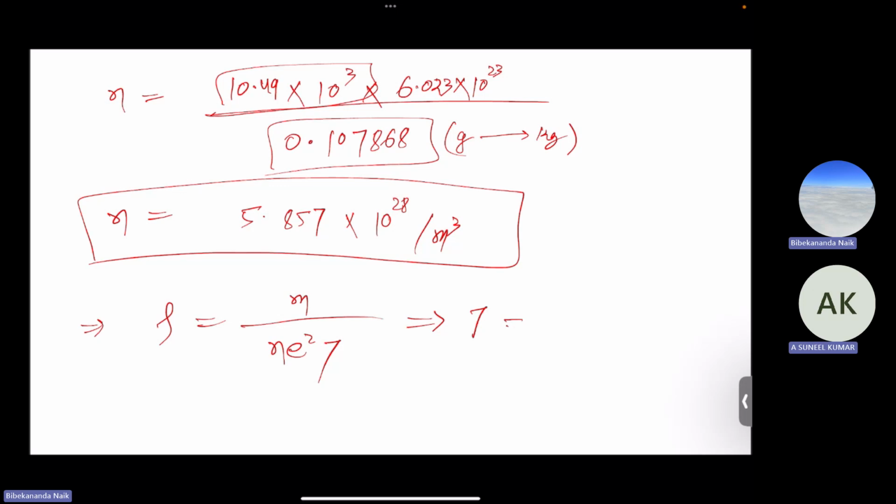Sir, here we take M as the mass of silver atom? Sorry, here we consider M as the mass of electron. Yes, we will consider the mass of electron because here we are calculating the conductivity. In case of conductivity, this M is the mass of electron, not the mass of the material.